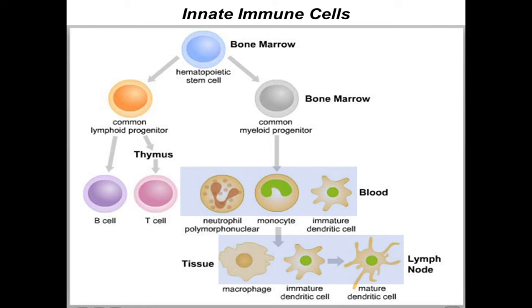We have the neutrophils, monocytes, and immature dendritic cells. Then, these cells could be found in the tissue as macrophages or immature dendritic cells, which will develop into a mature dendritic cell in the lymph node.